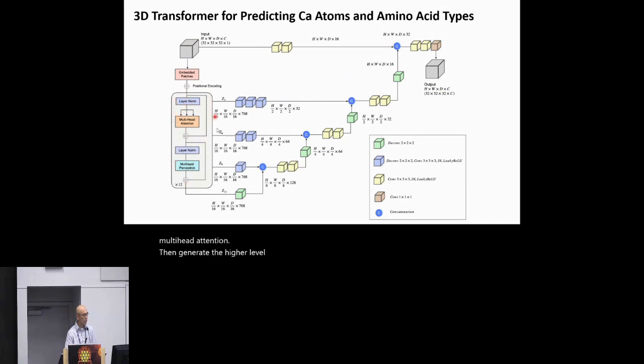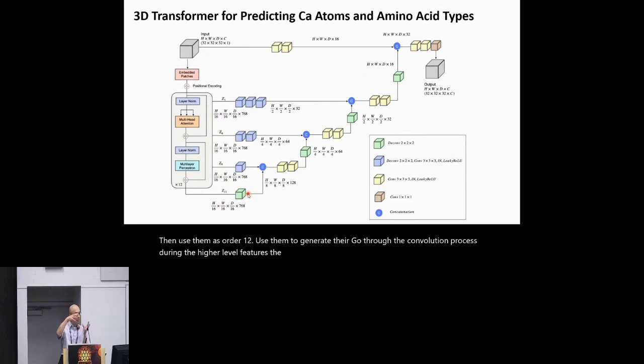And actually we use 12 blocks of these stacked together. I take the output from blocks 3, 6, and 9, and then the 12, and use them to go through the convolution process to generate the higher level features.